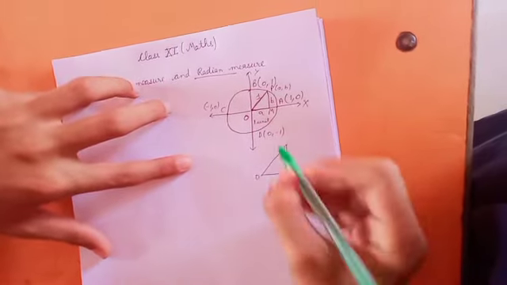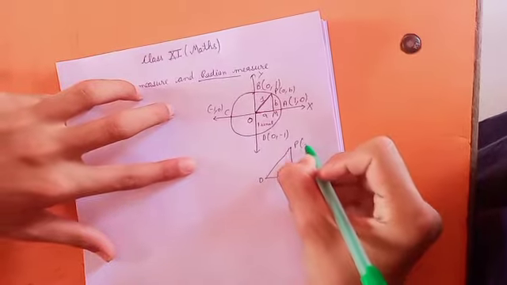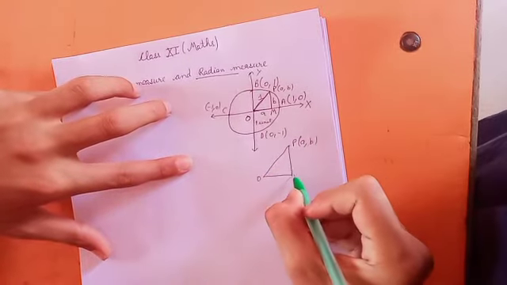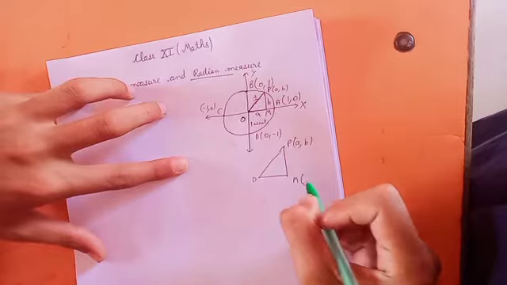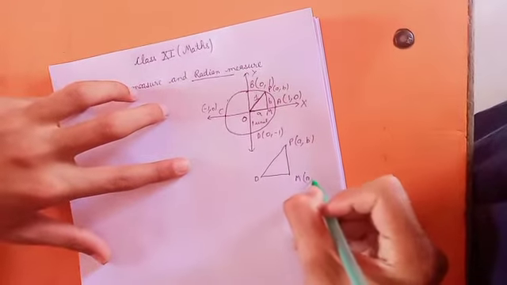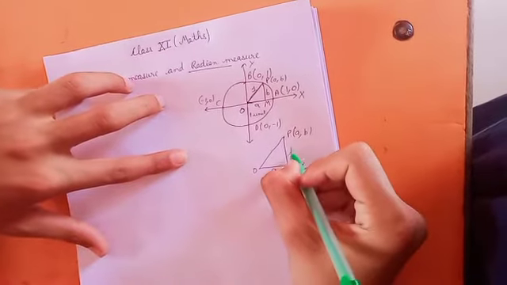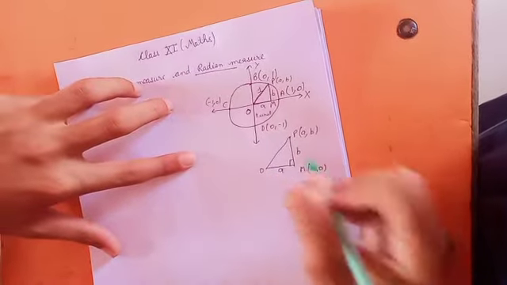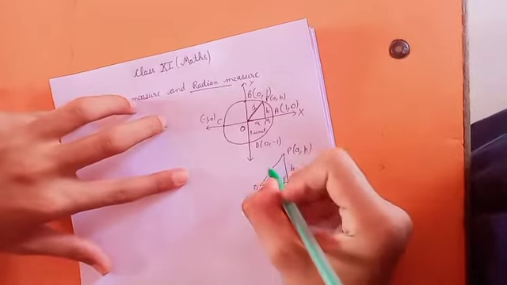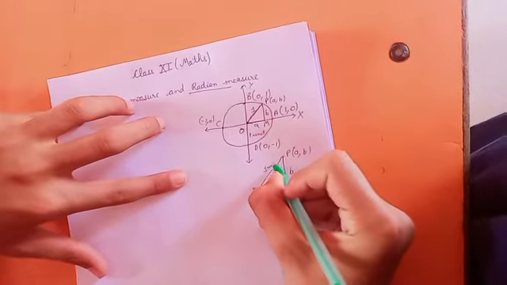It is our center O. This is point P, coordinates (a, b). This is point M, its coordinate will be (a, 0). It is a right angle triangle, right angle at M, and this is 1 unit.